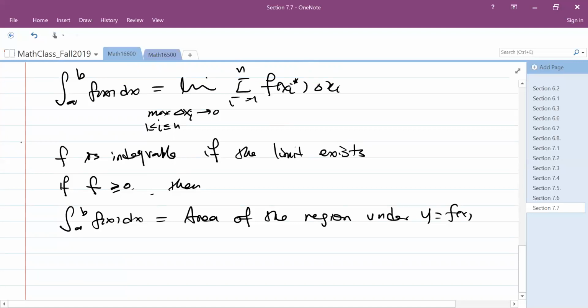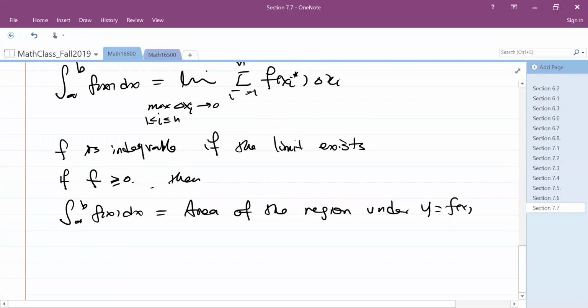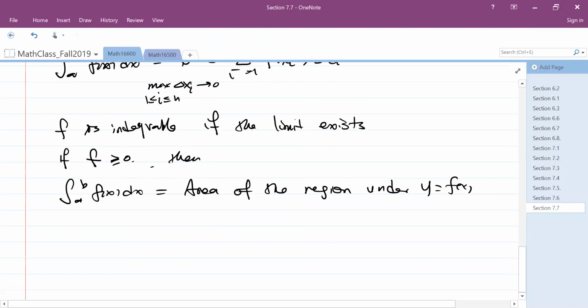All right, now questions. If you know the definition, you know how to estimate the definite integral, because the definite integral is the limit, right?